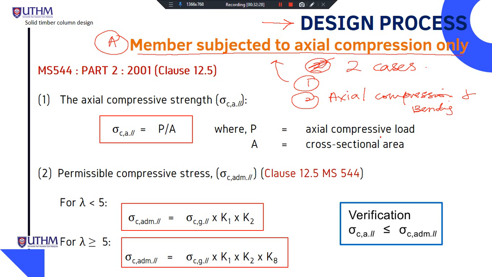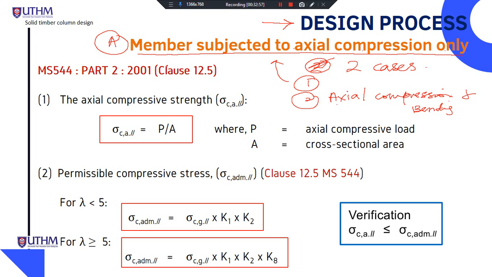So there are two situations that need to be considered when designing a timber column. The first case is member subjected to axial compression only. The second case is a combination of axial compression and bending.